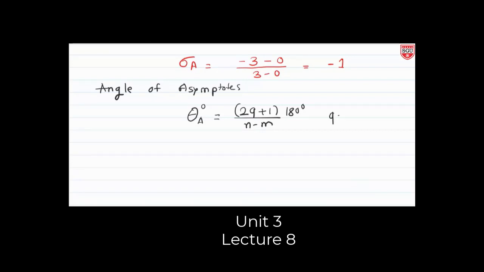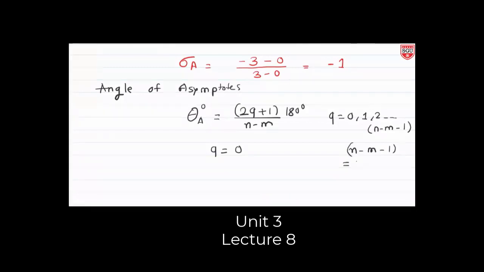Now what is that q? Q is 0, 1, 2 up to n minus m minus 1. So in our case, what will be the value of q? Q is equal to 0, and for that, what will be n minus m minus 1?